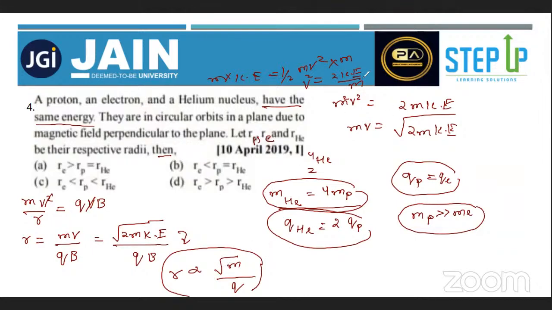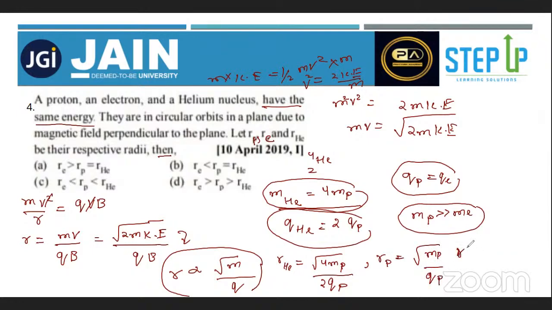Using these equations, if I want to substitute things over here, I can write it individually. The radius of helium will be equal to the mass, 4 times the mass of proton, and then I write the charge again in terms of the proton, so 2qp. Then for the proton, I write the mass of proton upon the charge on proton.